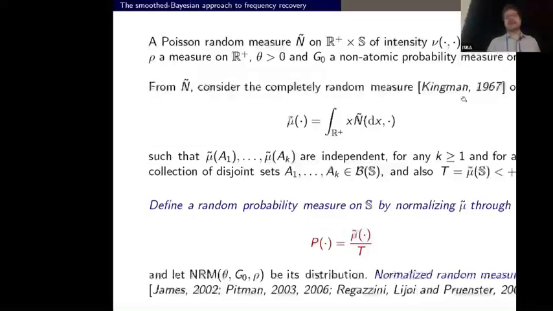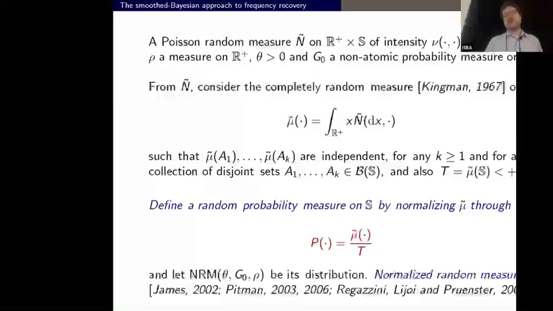Then, under certain assumptions on this intensity, which guarantee that the total mass T of this random measure is finite almost surely, I can do this operation: I take my completely random measure and normalize by the total mass.